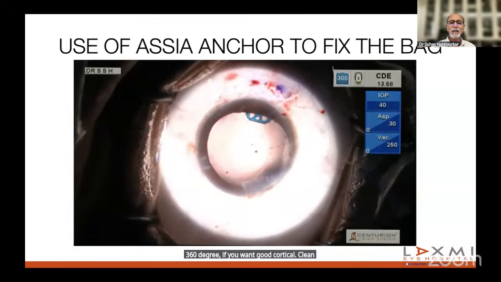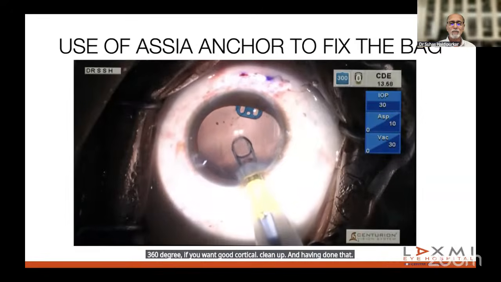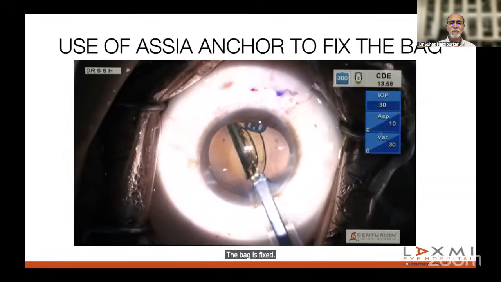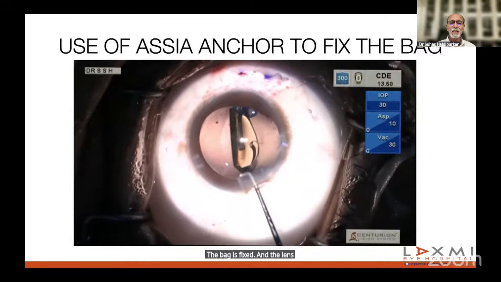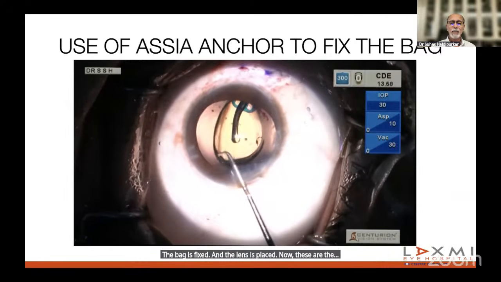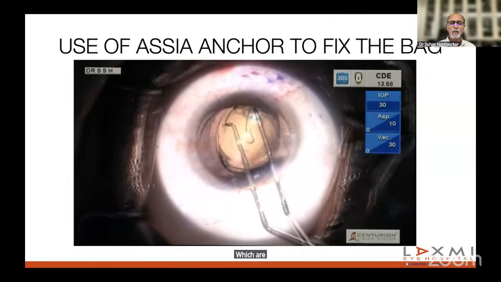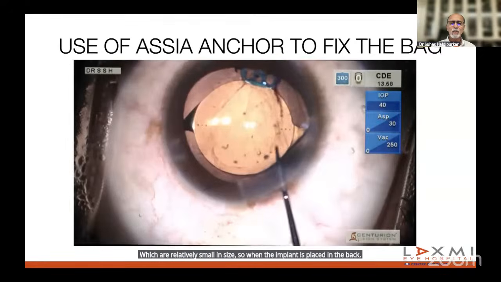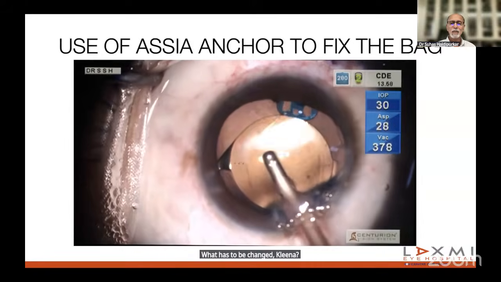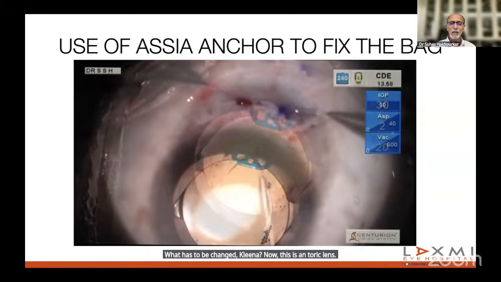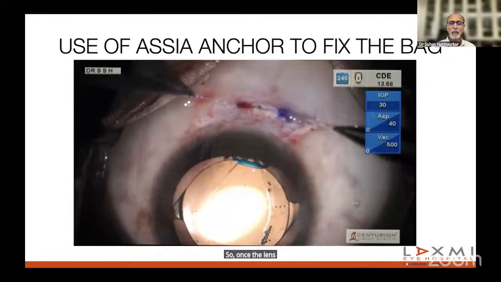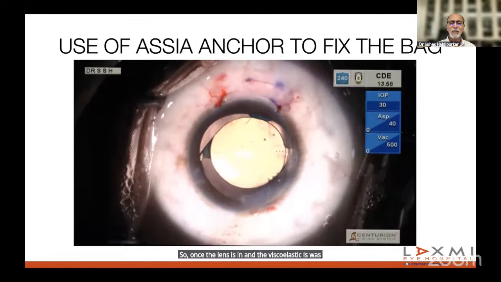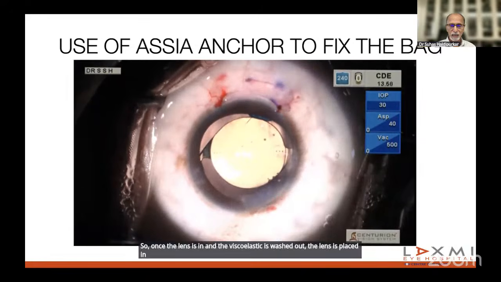And having done that, the bag is fixed and the lens is placed. Now these are capsular bags which are relatively small in size, so when the implant is placed in the bag, one has to be gentle. This is a toric lens. Once the lens is in and the viscoelastic is washed out, the lens is placed in its proper axis.